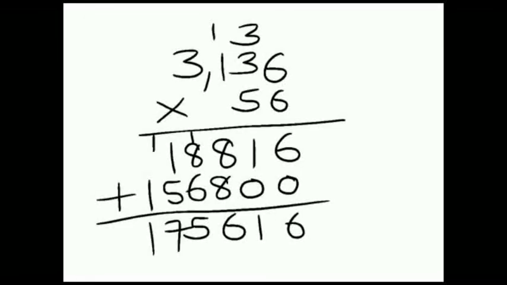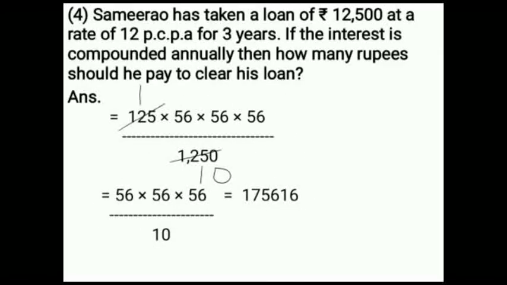After multiplying 3136 into 56, I am getting the answer 1,75,616. That is equal to 1,75,616 upon 10. If you are dividing by 10, directly you can divide.